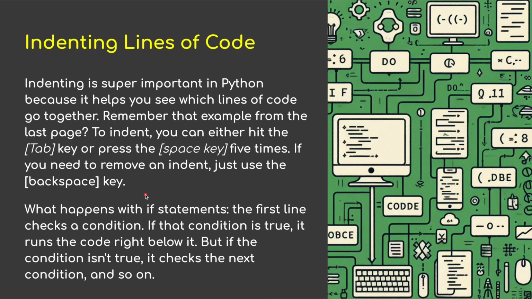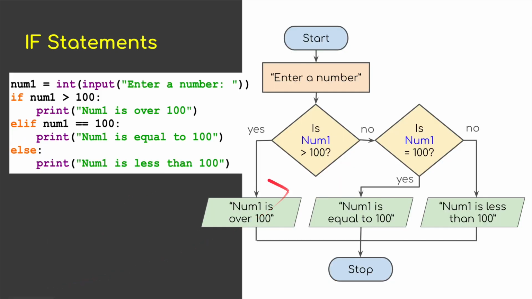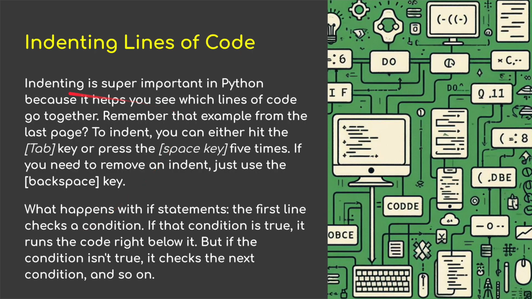So that's how we would write this flowchart, how we would write this code in Python. What you may have noticed is these are indented. We've got the if, else, and elif, but the commands, the processes, are indented. So indenting is super important in Python because it helps you see which lines of code go together.